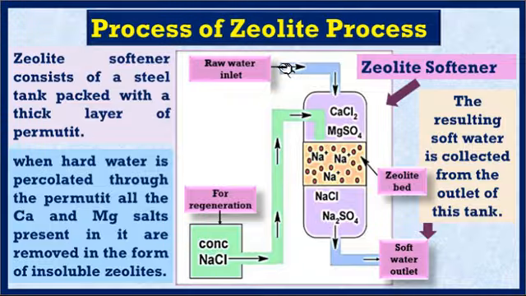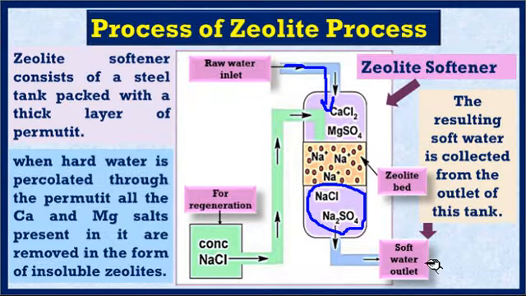When we pass the hard water, which is the raw water, through the zeolite or permutit, the hard water containing calcium or magnesium salt, when percolated through the zeolite bed, exchanges its calcium and magnesium ions with the sodium ions of the zeolite. At the bottom of the tank, the water collected contains sodium salts rather than calcium or magnesium salt.